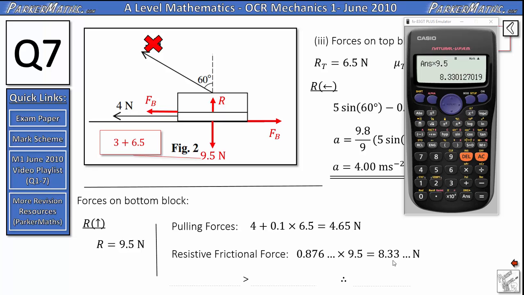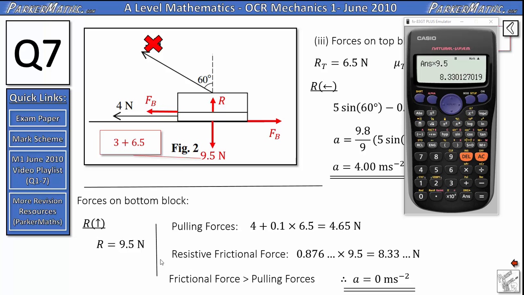But what you might notice here is that the resistive frictional force is greater than the pulling force, and friction only provides enough force to stop movement. So what we can just simply say here is that as the resistive frictional force is larger than the pulling forces, there just won't be any acceleration, so A equals 0.